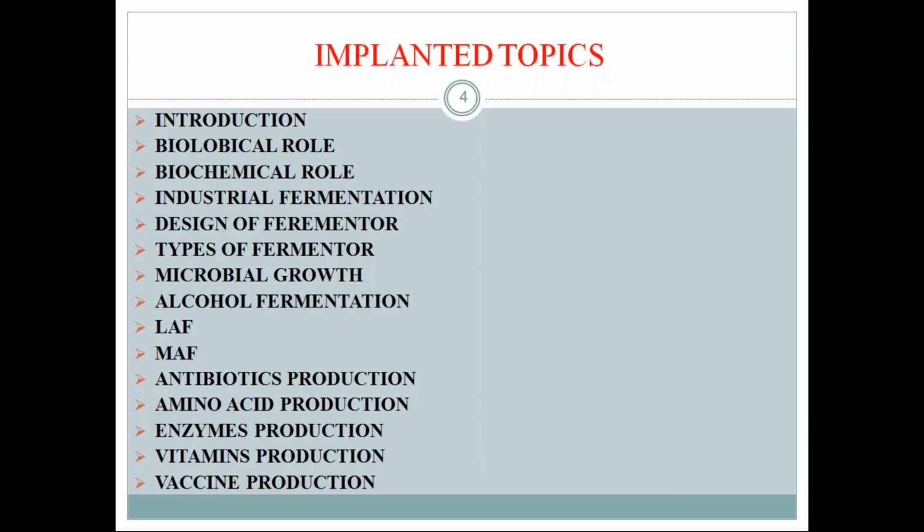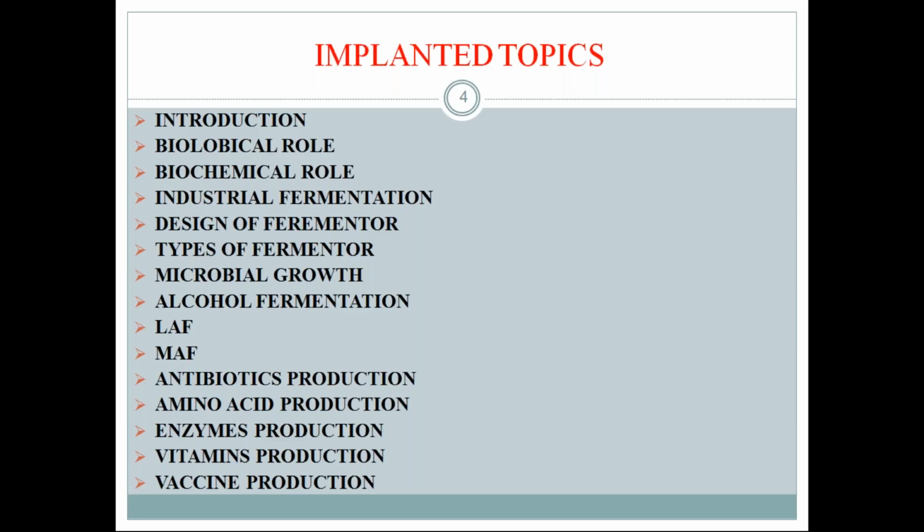By taking all this background, I designed this PPT and included the following topics. First introduction, followed by biological role, biochemical role, industrial fermentation, design of fermenter, types of fermenter, and microbial growth during the fermentation procedure.